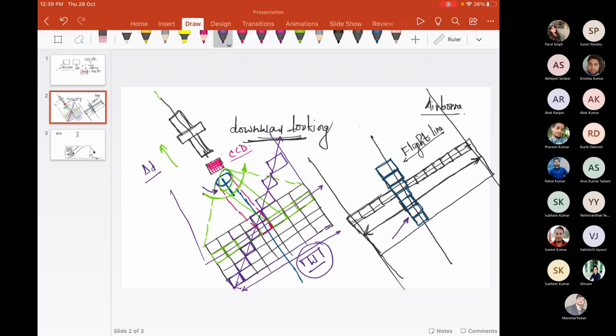Okay. But see, if we consider the level of complexity in the system, the first part, this is the mechanically rotating system. It is a kind of complex system.